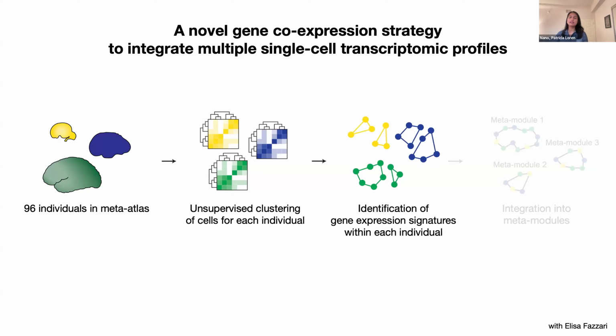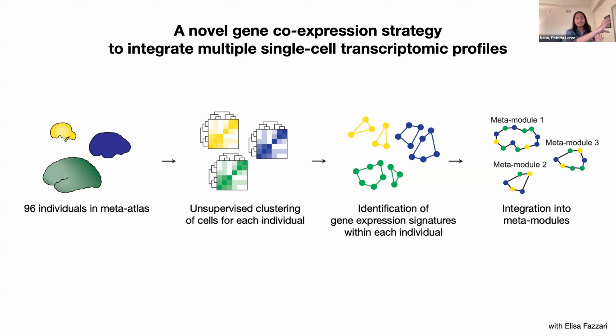We have a gene score metric that allows us to ask which of these cluster markers are the best representative of their home cluster. And so we pool all of the very best individual level cluster markers together, hierarchically cluster those to generate metamodules. And big picture, these metamodules represent individual level signatures that together throughout the entire meta-atlas travel in similar patterns.